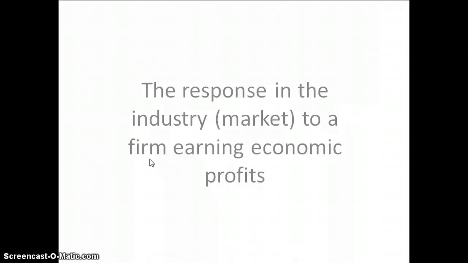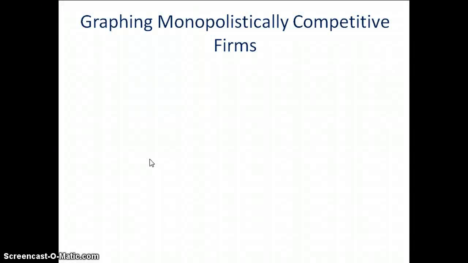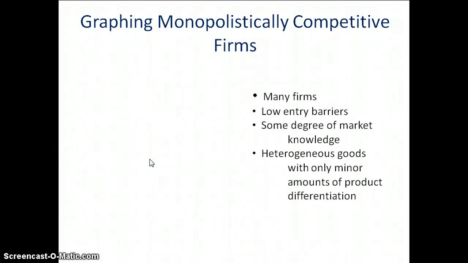So now let's take a look and see how the industry is going to respond to this firm earning an economic profit. So now I'm looking at the industry rather than the firm, and just keep in mind that the nature of monopolistically competitive industries is that there are many firms, that there are low barriers to entry, that there's some degree of market knowledge, meaning that one firm will know a little bit about what other firms are doing in terms of output, business, production, and the price that they're offering their customers for their goods and services.